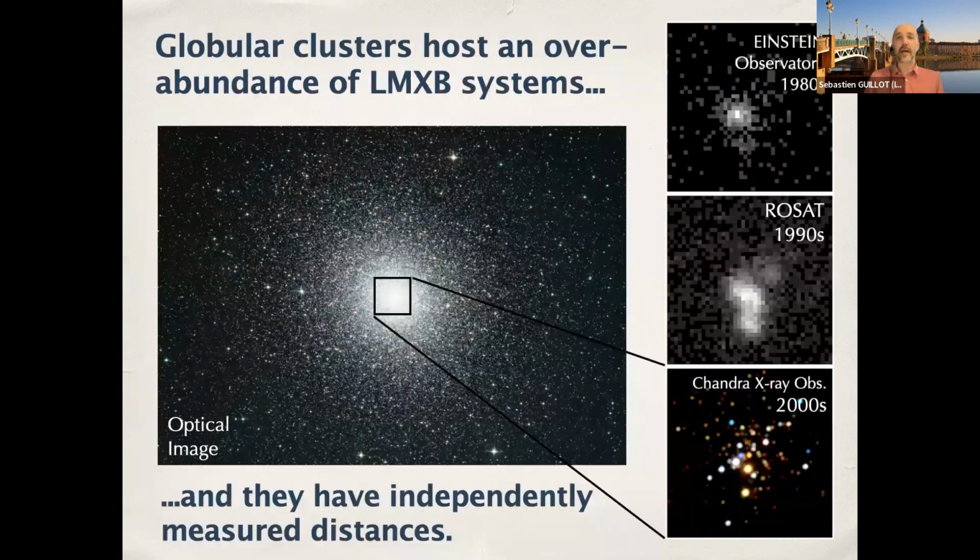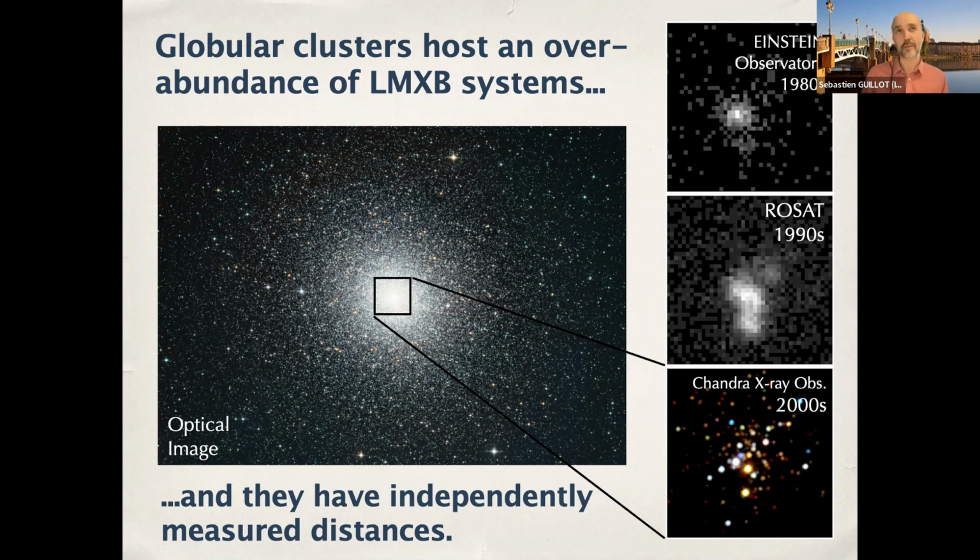But since then, thanks to Chandra, 20 years ago now, so I cannot say recently, but 20 years ago, Chandra started looking at globular clusters. And that's where we saw the really rich population of X-ray emitting objects.